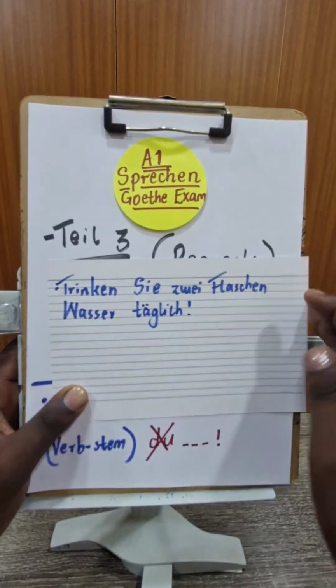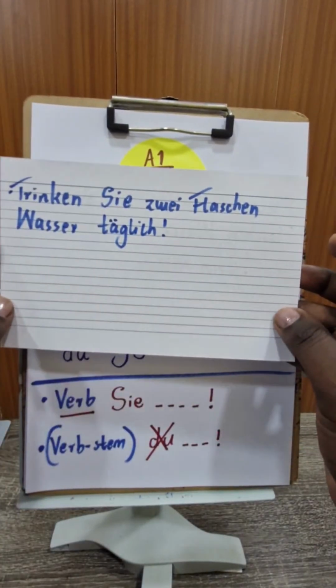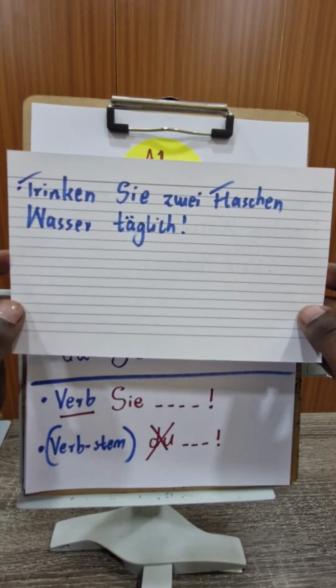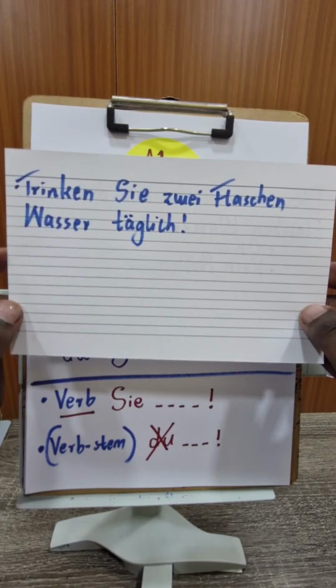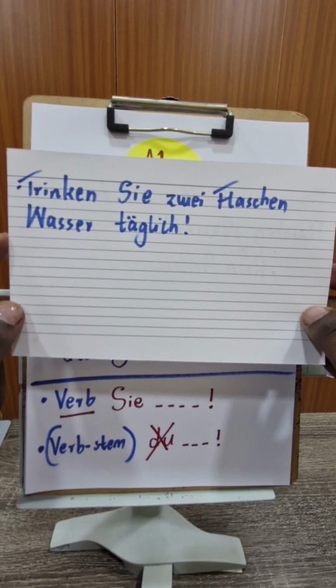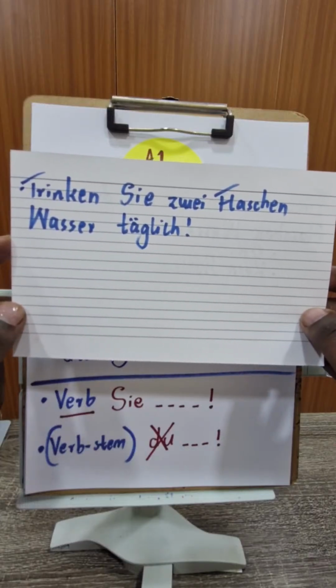Täglich. Look at that. Trinken Sie 2 Flaschen Wasser täglich. This now simply means drink 2 bottles of water every day or daily.